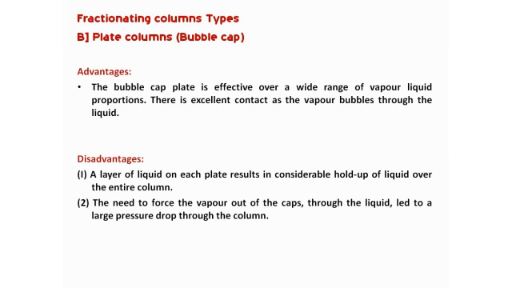This sometimes leads to overheating. Also there is the need to force the vapor out of the caps, because the liquid or vapor may remain in the partitioning area, so we need to force it out through the liquid, which leads to a large pressure drop in the column. We know that when we apply force the vapor will go out, but there will be a pressure difference, or pressure drop.